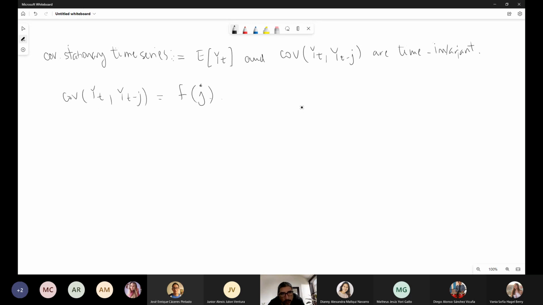This is usually j, or it can be a constant. But you won't see t here in the covariance if the time series you are working with is a covariance stationary time series. Okay, let's see an example.